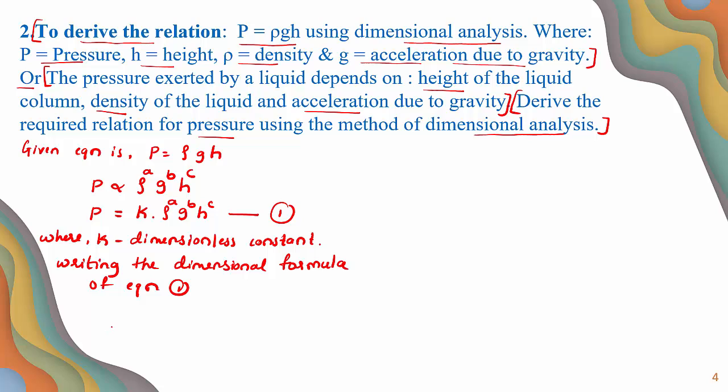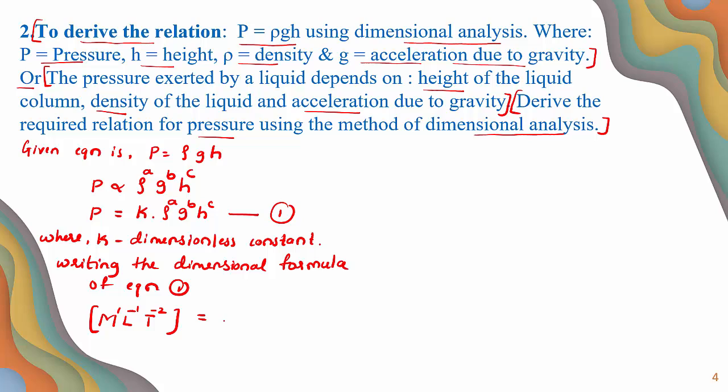That means I can write directly, the dimensional formula for pressure is m raised to 1, L raised to minus 1, T raised to minus 2. So K, this is a dimensionless constant, leave it.